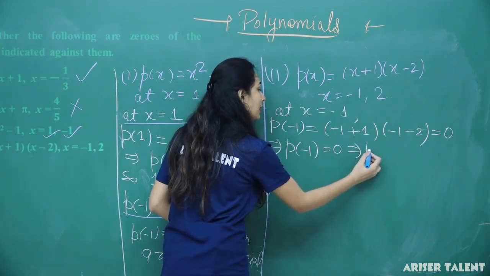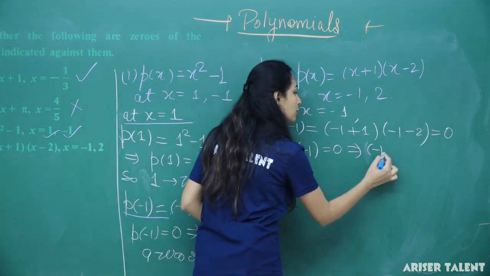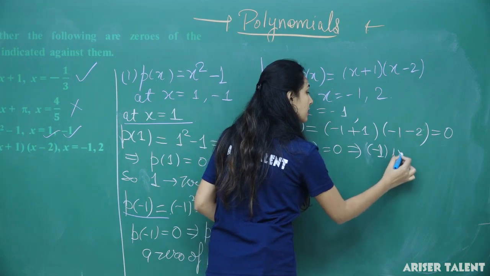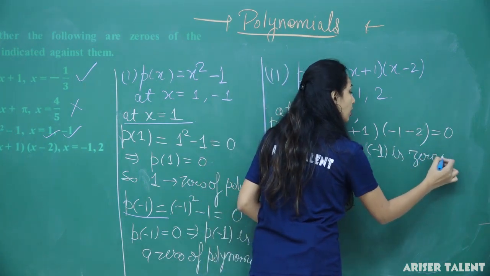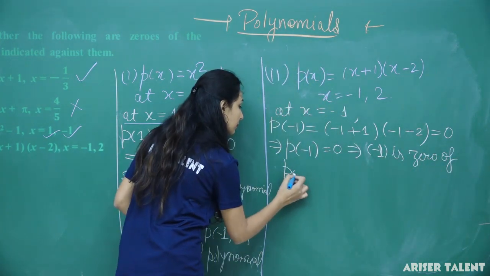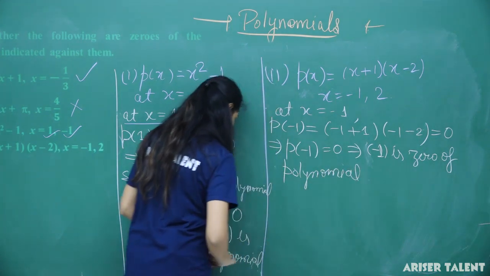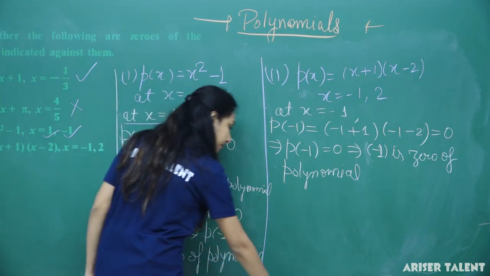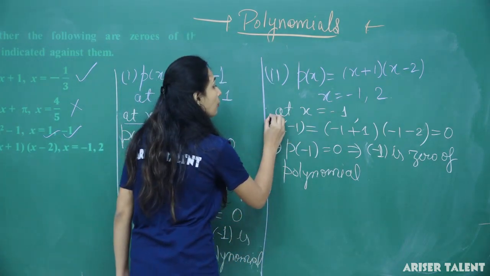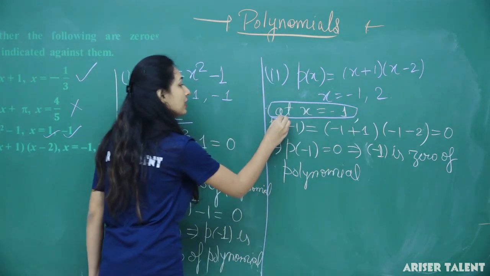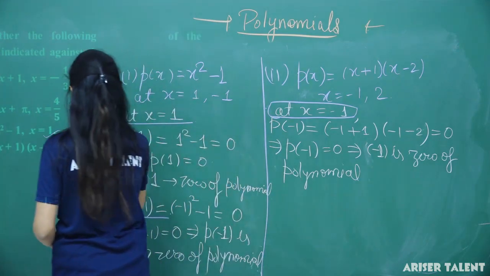This implies that minus 1 is a zero of the polynomial. That will be the case for x equals minus 1. So yes, it is.